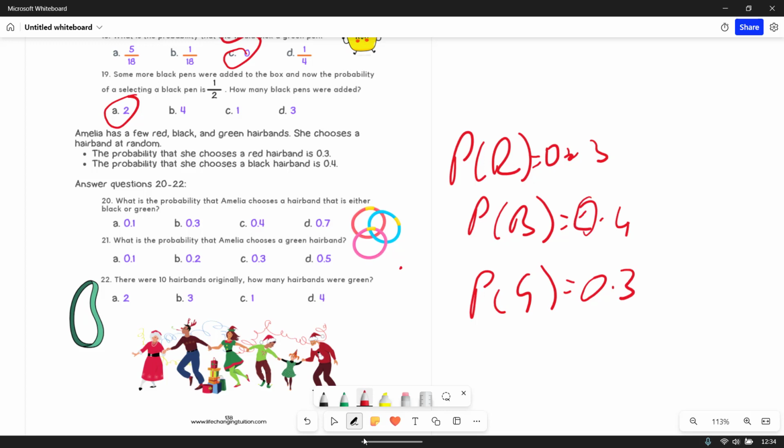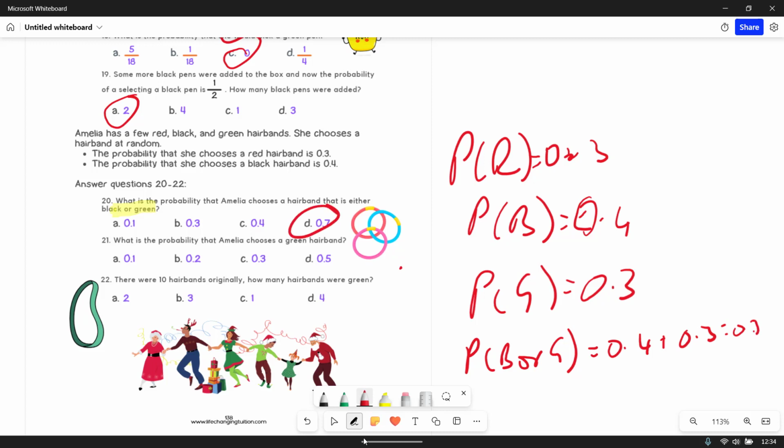So it's 0.3. What's the probability of either a black or green? You add your probabilities when you've got 'or'. So the probability of black or green is going to be 0.4 add 0.3 equals 0.7.